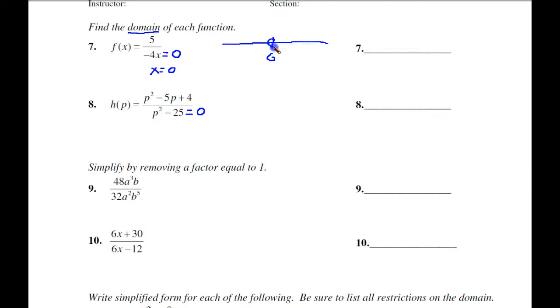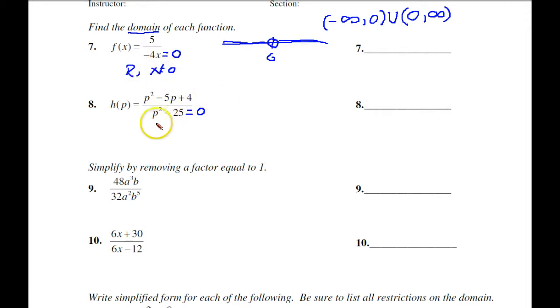And we said, in real numbers, x cannot be a 0. But every other number is good. So the way to write that in interval notation is from negative infinity up to 0, but not including 0. And then that's in union with, again, starting at 0, but not at 0, but from 0 to positive infinity. Or simply, x cannot be 0. It's a real number, but x cannot be 0.